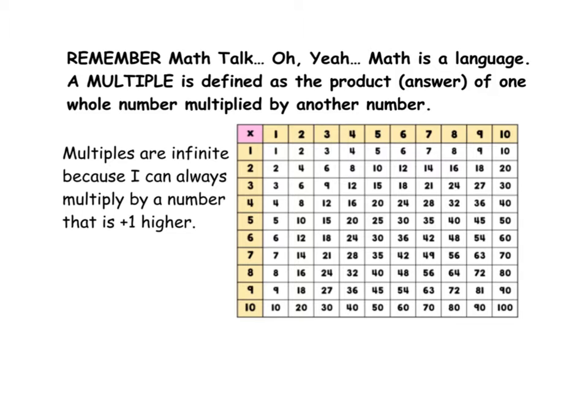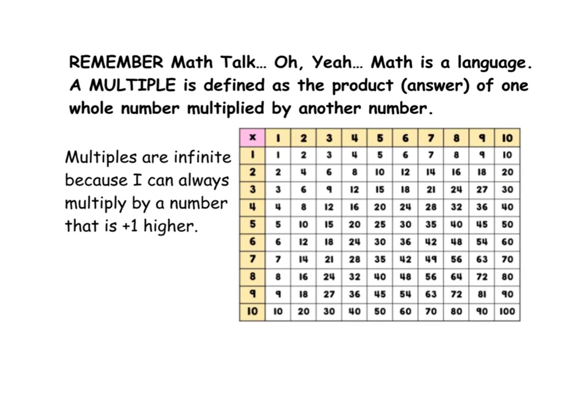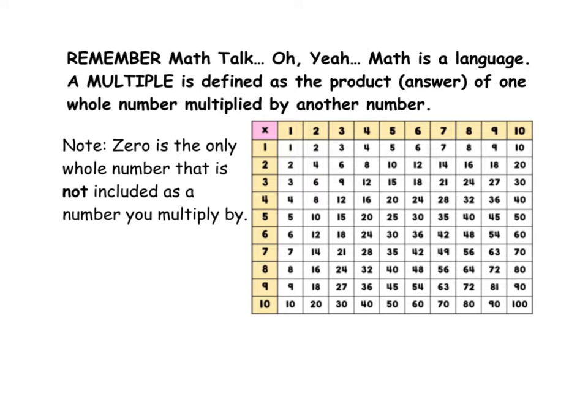For example, if I look across the column for 2's on your multiplication chart, you can count by 2's by looking across. Those are your multiples of 2. But of course, multiples are infinite because I can keep counting by 2's or multiplying by a number that's one higher. And so after 20, I have 22, 24, 26, and so on.